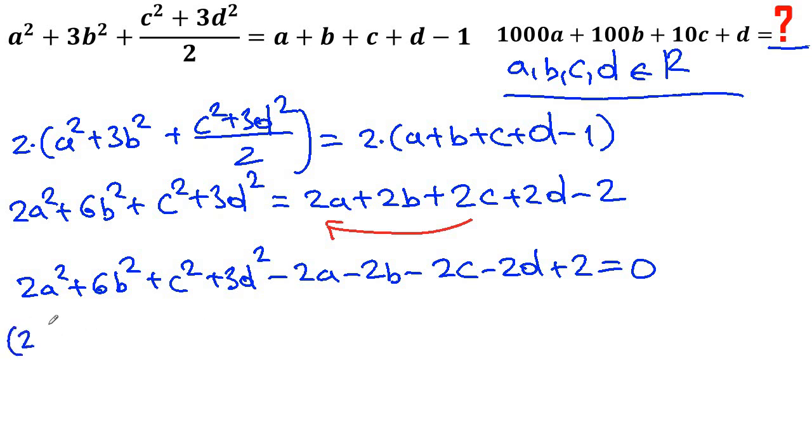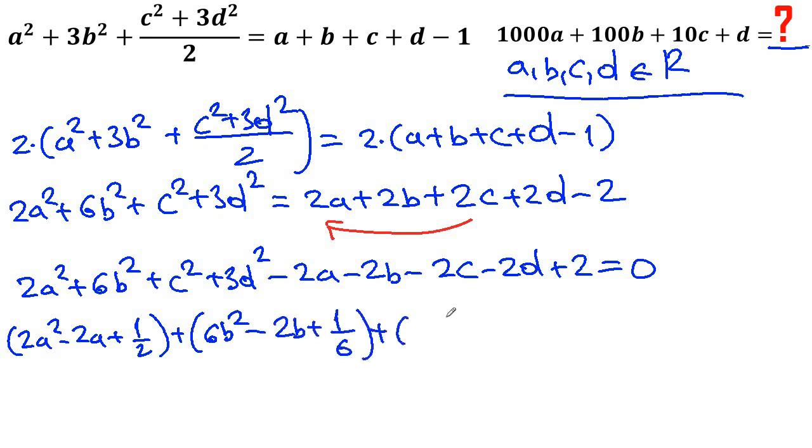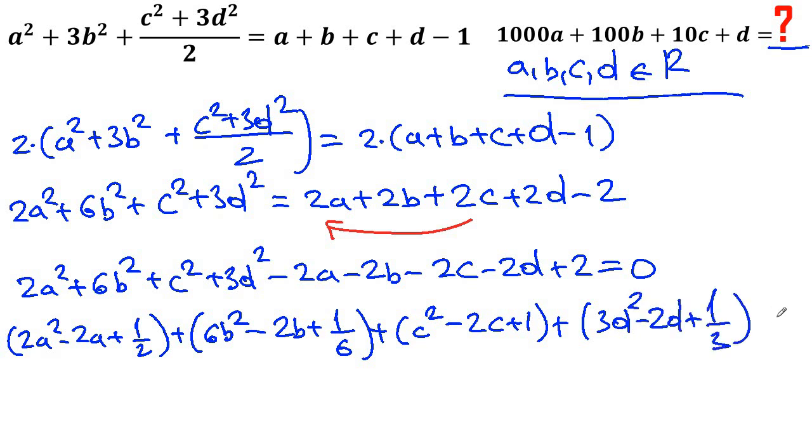In the first bracket, 2a squared minus 2a plus 1 over 2, plus 6b squared minus 2b plus 1 over 6, plus c squared minus 2c plus 1, and the last one is 3d squared minus 2d plus 1 over 3, and this one is equal to 0. As we notice here, 1 over 2 plus 1 over 6 plus 1 plus 1 over 3 gives us 2. So therefore nothing has changed here.